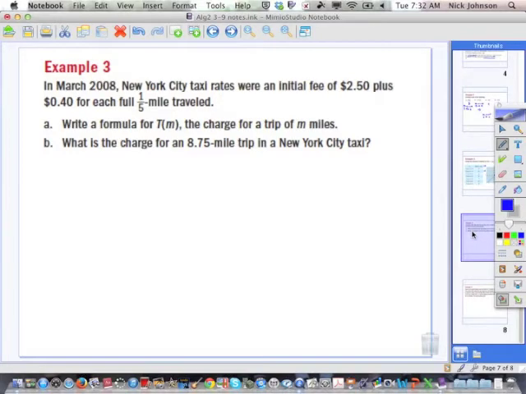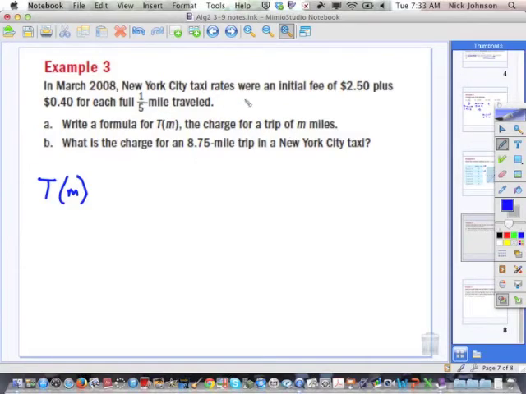Example 3. It says, in March of 2008, New York City taxi rates were an initial fee of $2.50 plus 40 cents for each full 1/5 mile traveled. Write a formula for T of M, the charge for a trip of M miles. Okay, so we need to put this into miles. Well, they are charging for 1/5 of a mile.